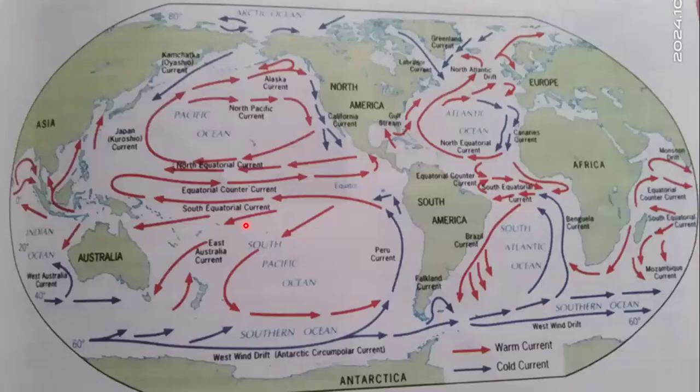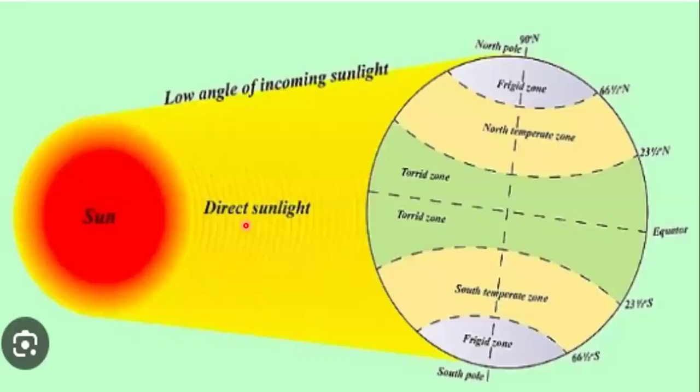Number one factor is variation in the temperature of the sea water. We know that the amount of heat received on the surface of the earth is not the same.